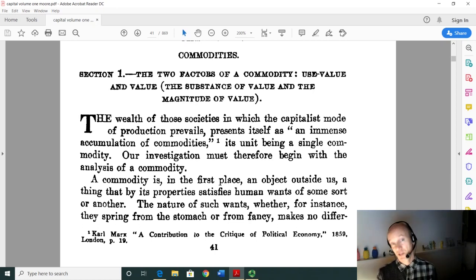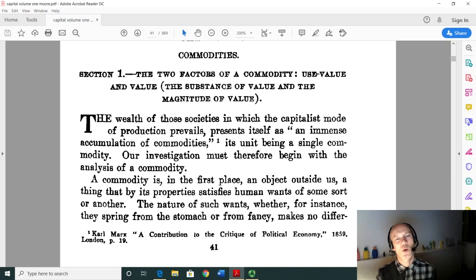Now what characterizes these societies is that wealth presents itself as an immense accumulation of commodities. So this formulation, where he quotes himself, being very pleased with his formulation here, obviously, is slightly sarcastic by sound, I think. So there is sort of a hint of sarcasm in this.